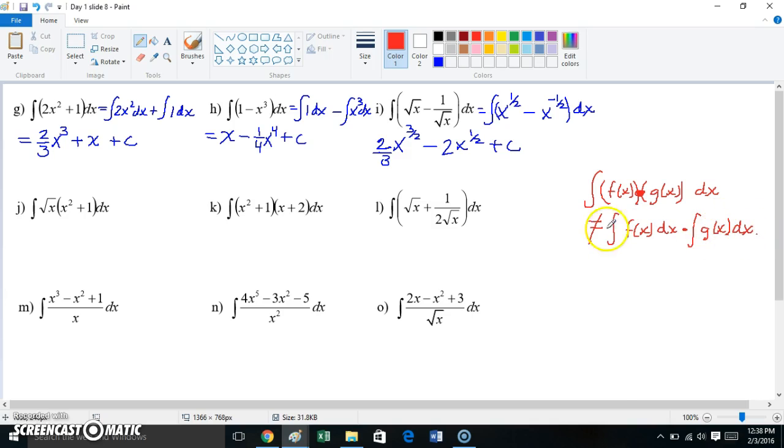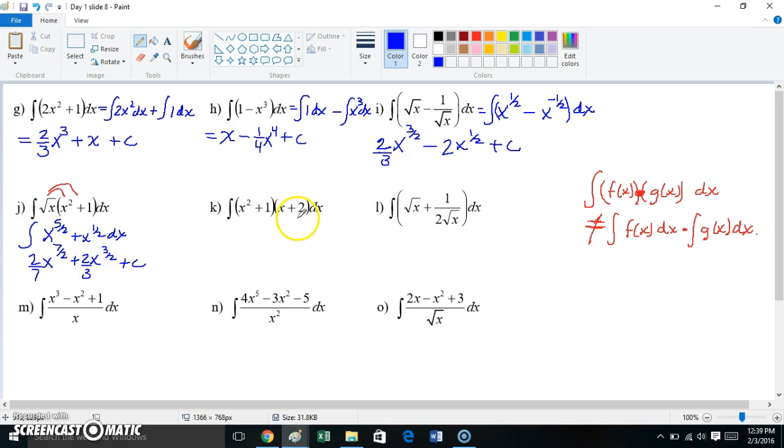So be careful. We have to look for another way. So what if we distribute that square root of x? So this will be x to the 5/2 plus x to the 1/2 dx. Integrating, we get x to the 7/2 times 2/7 plus x to the 3/2 times 2/3 plus c.